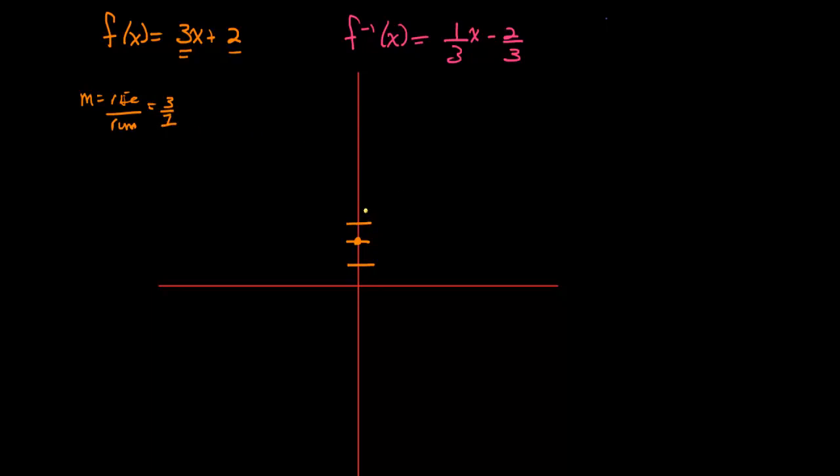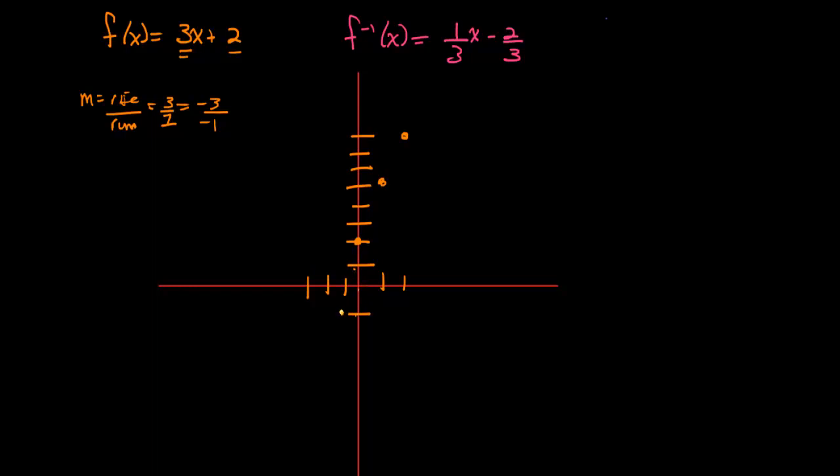So I can go up 1, 2, 3, and over 1. So this will be my next point. I can go up another 3 and run another 1. And I can also go back: remember, this is negative 3 over negative 1. I can go down 3, not back 3, down 3, and then over 1. So there we go.